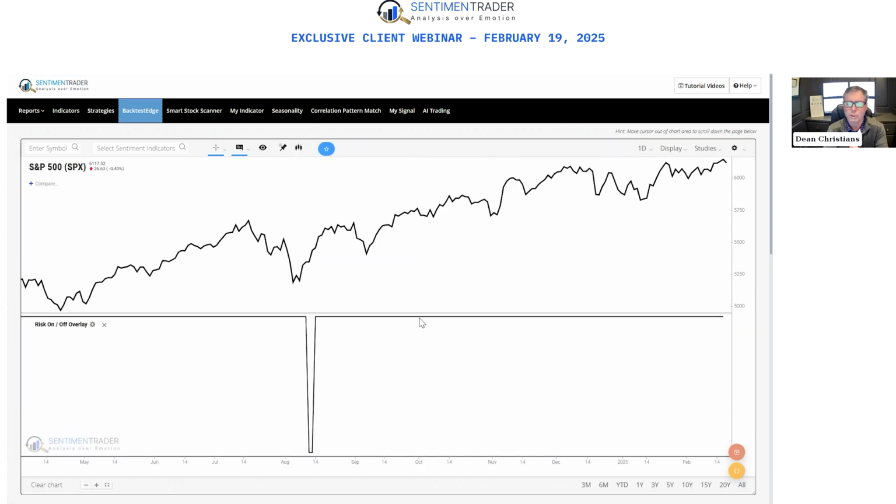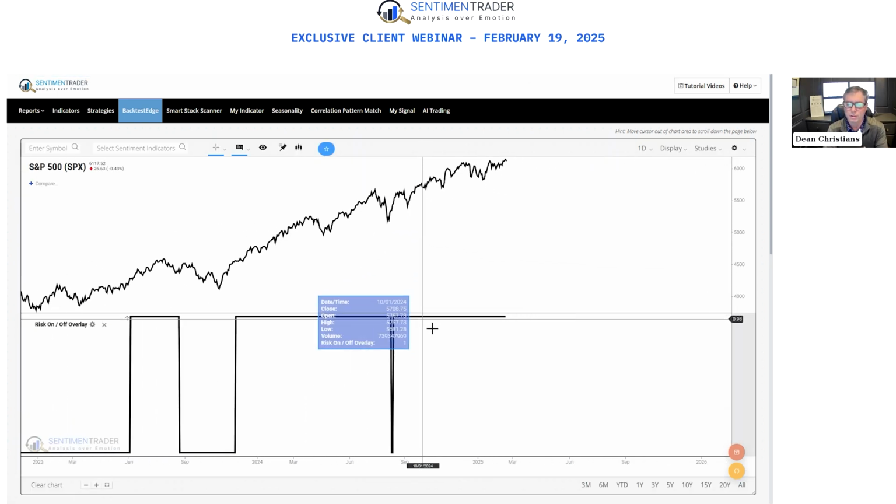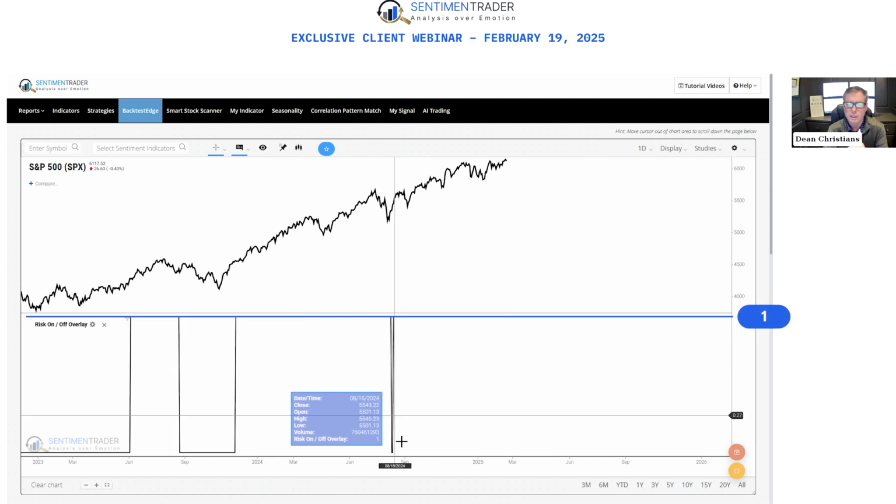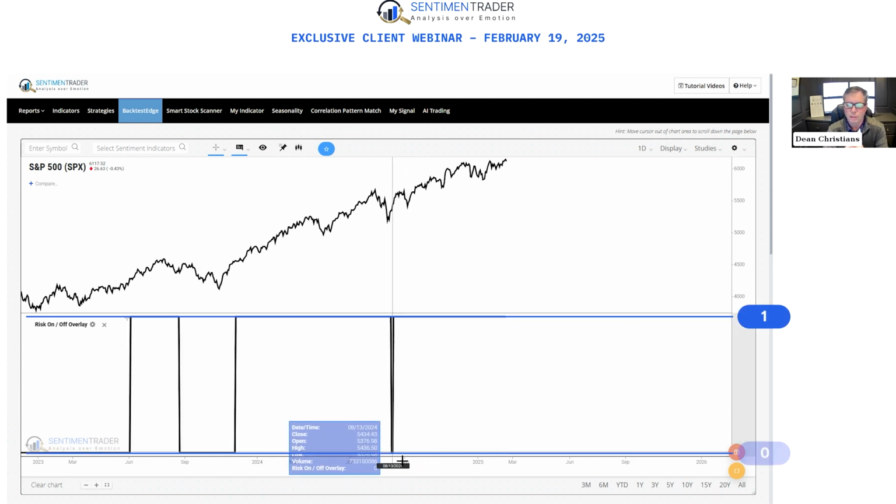The overlay will just basically have a reading of either 1, which would be positive, or 0, negative. And then the same thing with the risk on, risk off, and the market environment composite has an overlay in there. 1 is positive, 0 is negative.